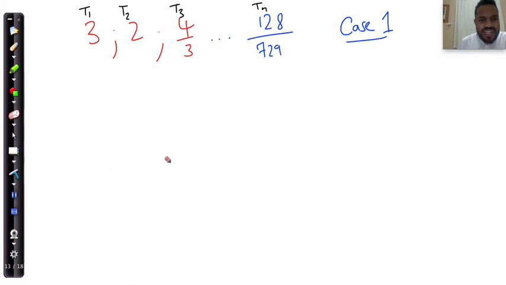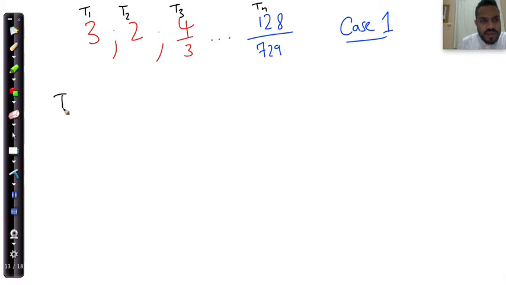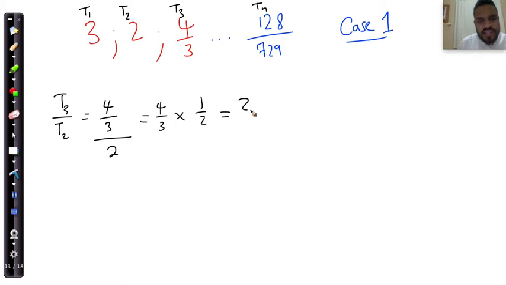So we need to check, is it geometric? Well, let's check. Let me take T3 divided by T2. That's going to be 4 over 3 divided by 2, which is the same as saying 4 over 3 multiplied by 1 over 2. And 4 divided by 2 is 2, so this gives me 2 over 3.